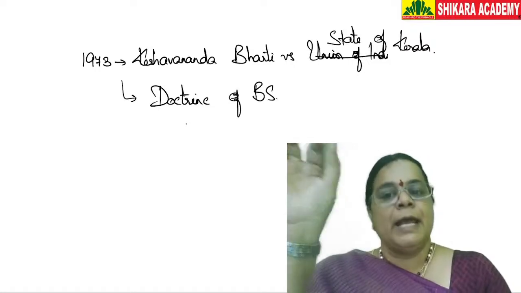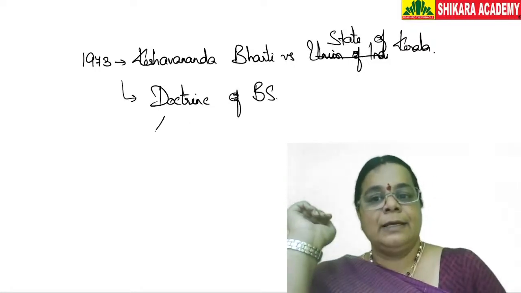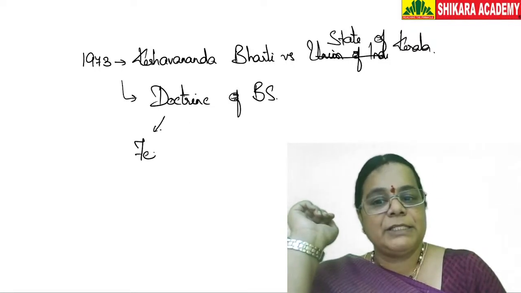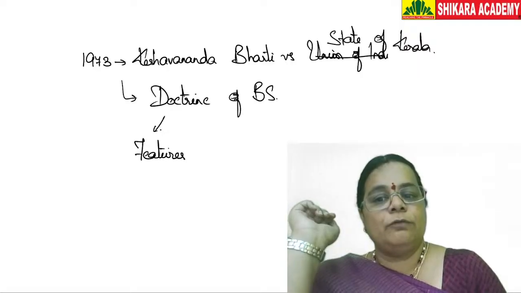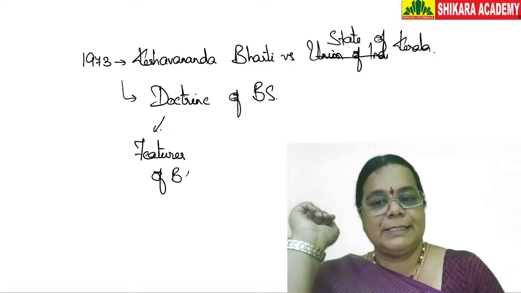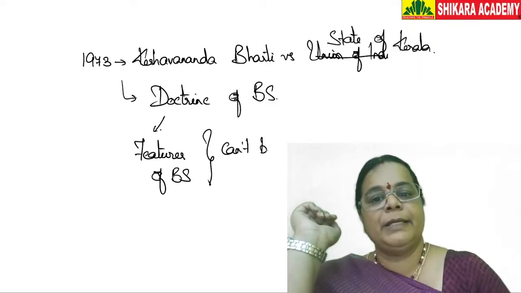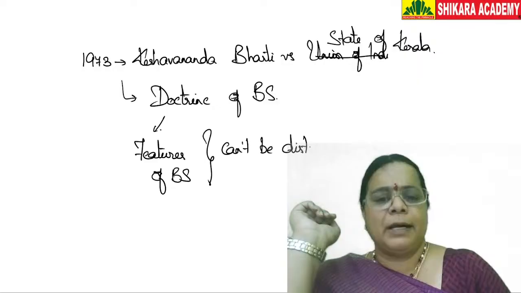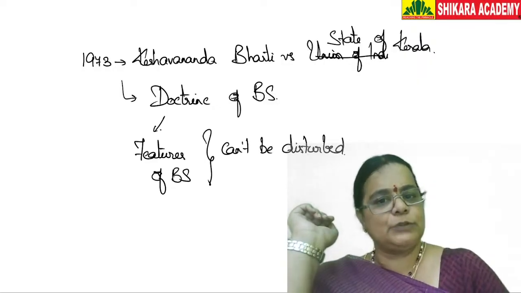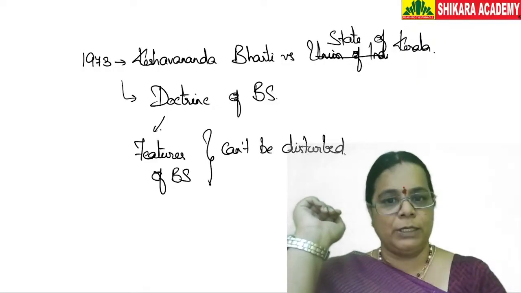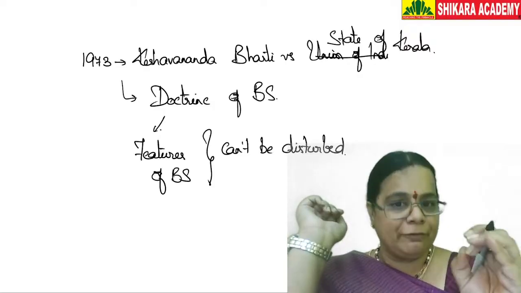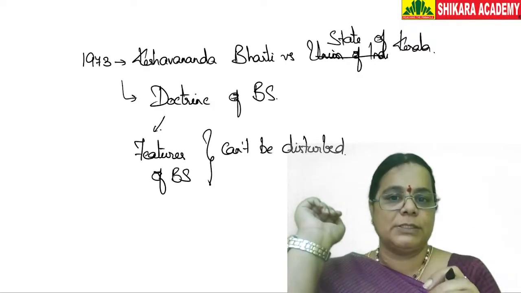It was laid down. In this case, the Supreme Court identified the features of basic structure and said these features cannot be disturbed. Meaning, Parliament, you want to amend the constitution, please feel free. You can do it, but you should not affect the core features of the constitution.